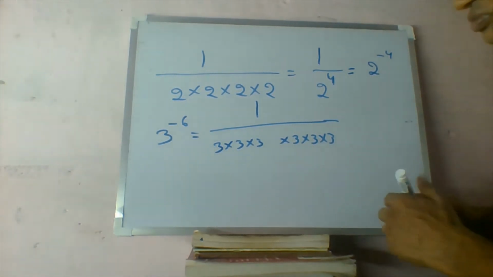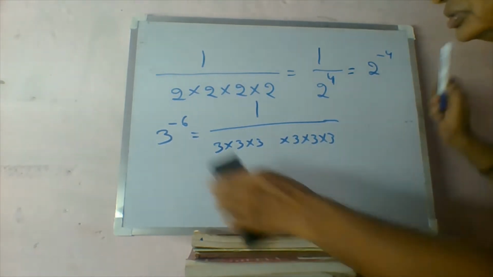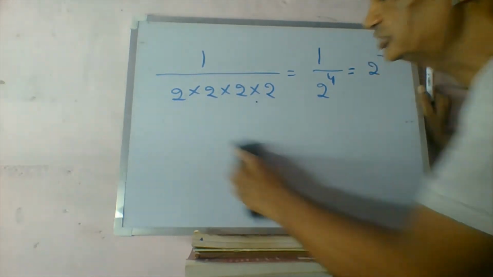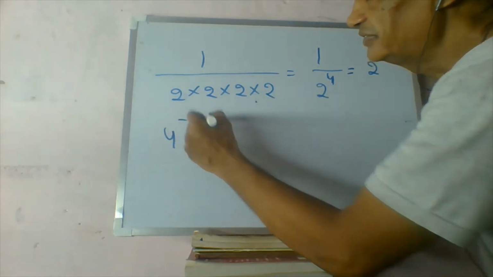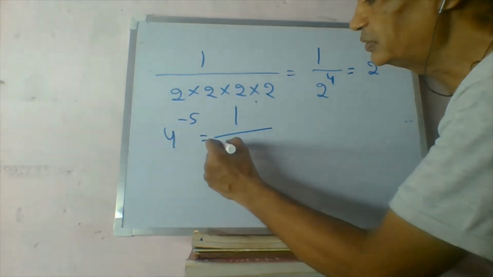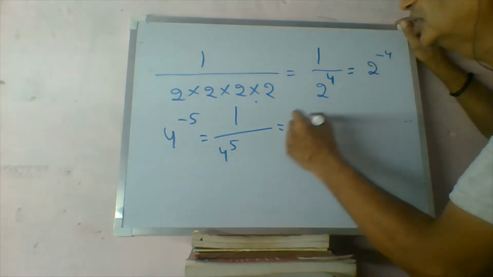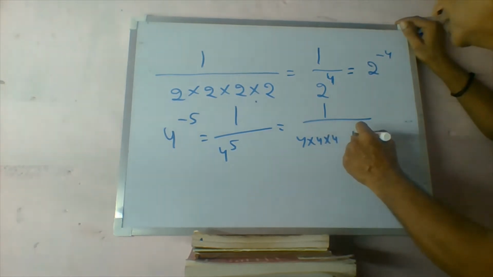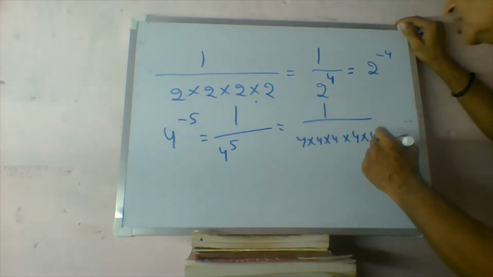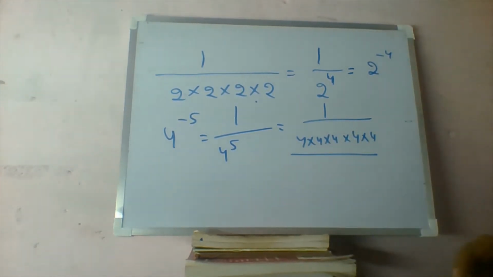Let us say once again one more step. Let us say we have 4 raised to power minus 5. We can write it as 1 by 4 raised to power 5, or 1 by 4 multiplied 5 times together. Any problem so far?